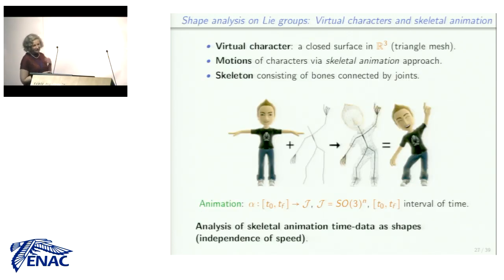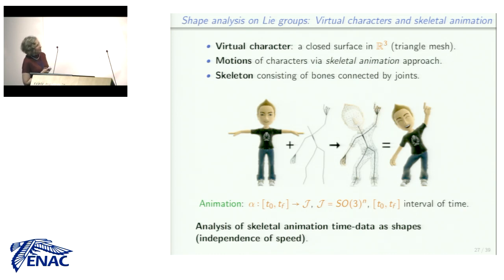And the last application, I'm not going to describe this because it takes too much time, but the last application is an application on shape analysis on Lie groups for virtual character skeletal animation. So we look at animations as curves evolving on a number of copies of SO3, and we think of them as shapes.